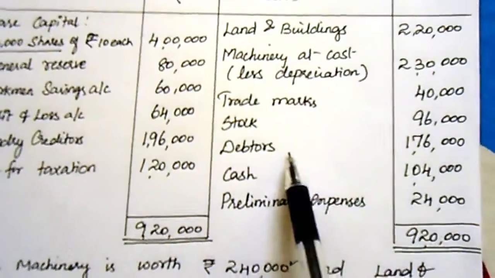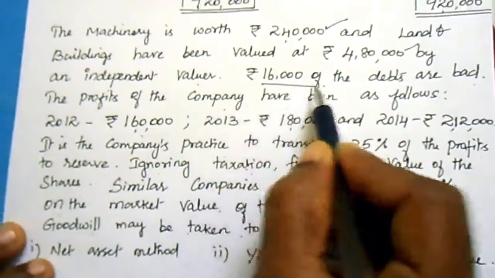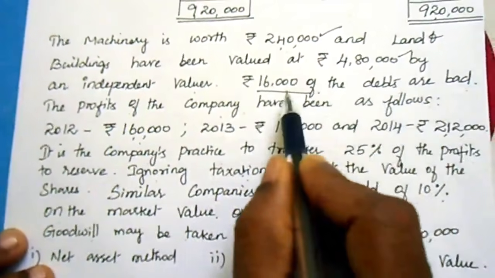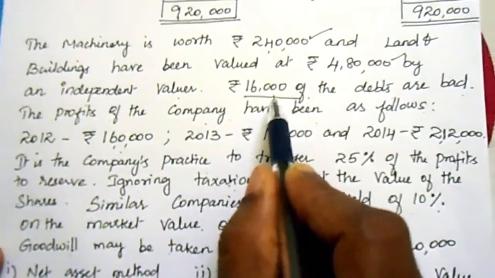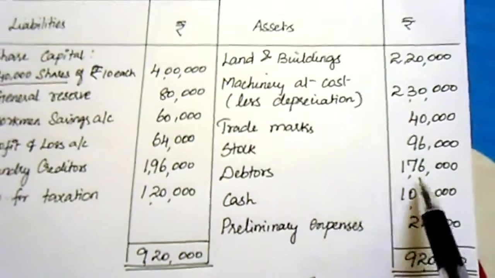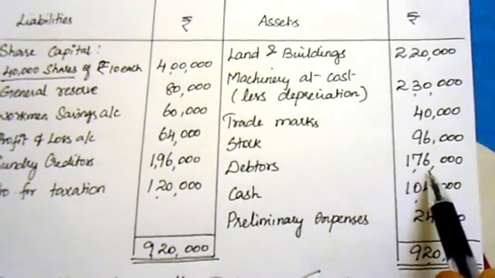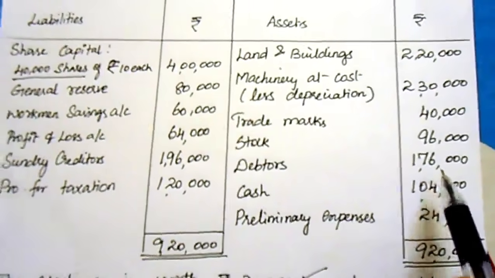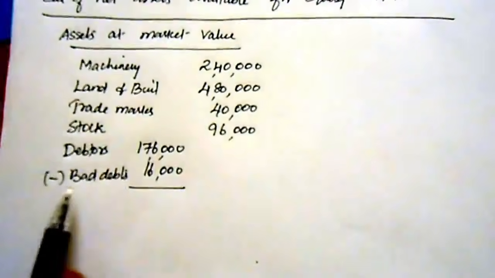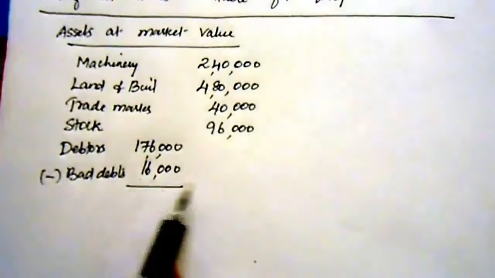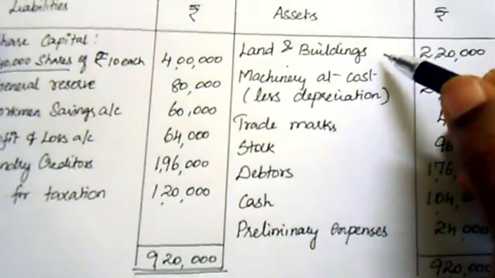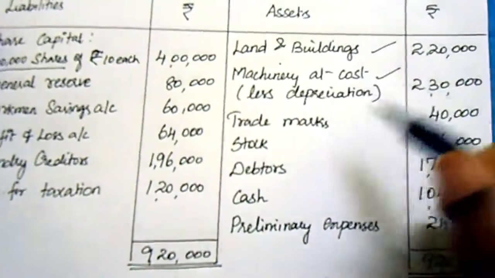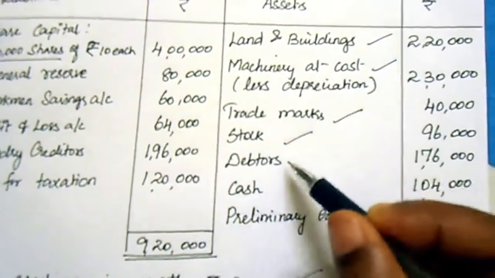Some information is given in the adjustment: 16,000 of debts are bad. So you have to subtract this value from debtors and the remaining amount can be taken into consideration. Debtors 1,76,000 minus bad debts 16,000, balance 1,60,000. We have entered land and building, machinery, trademarks, stock, debtors.